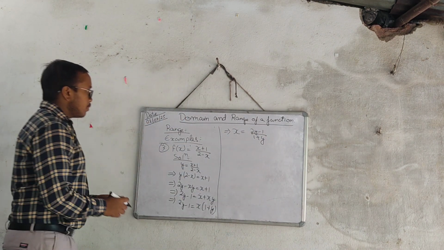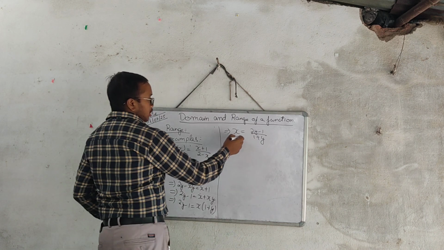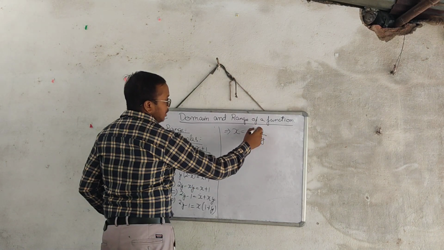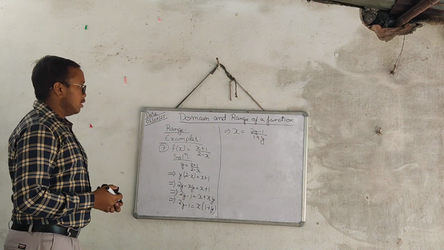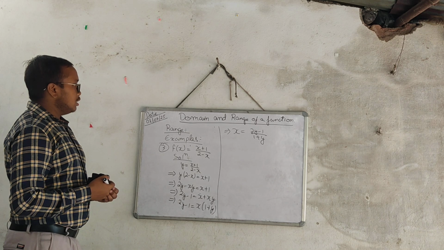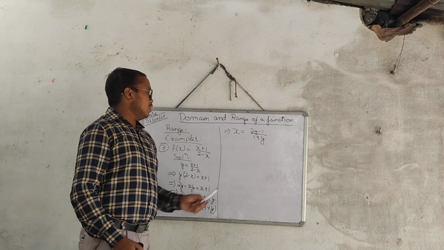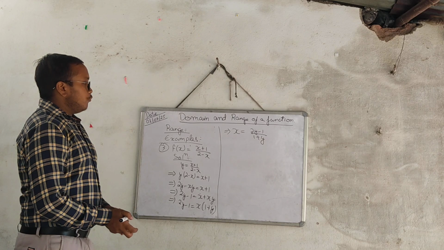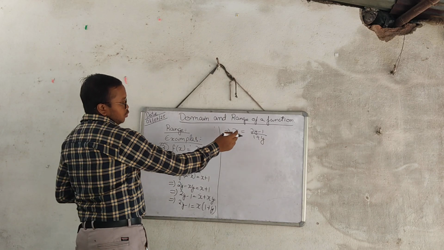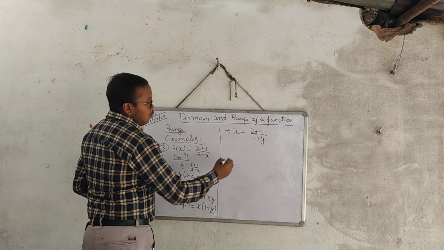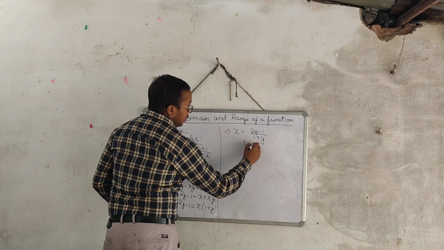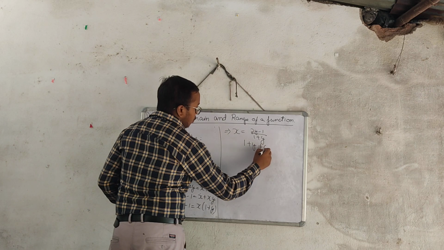Now we have to see that this function must always be defined. So for this to always be defined, 1 plus y should not be equal to 0.